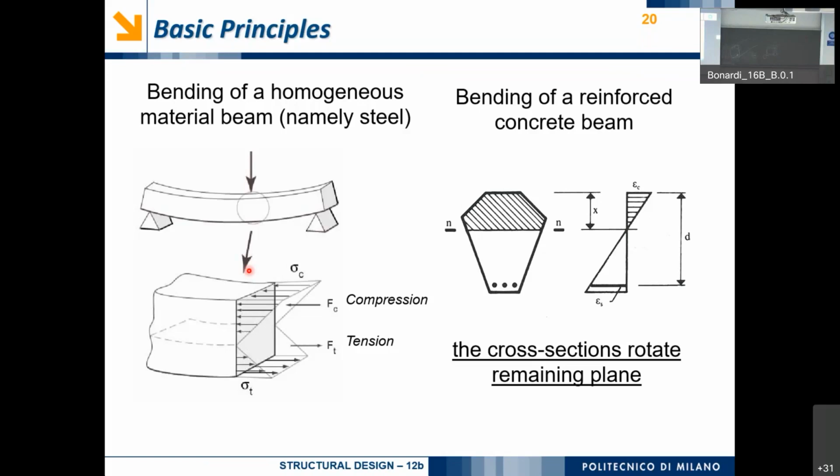This can be seen also in the bottom part of the drawing. We have typically, when we have positive bending moment, tension at the bottom part of the element and compression at the top fibers.